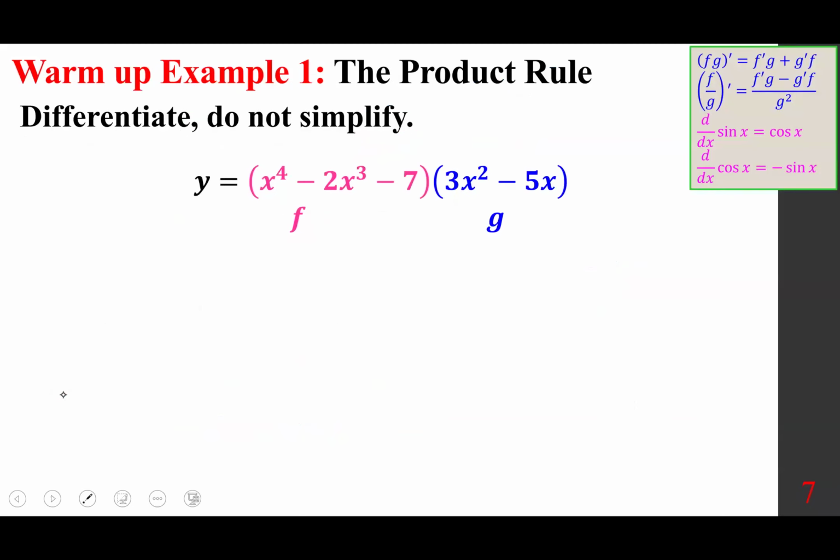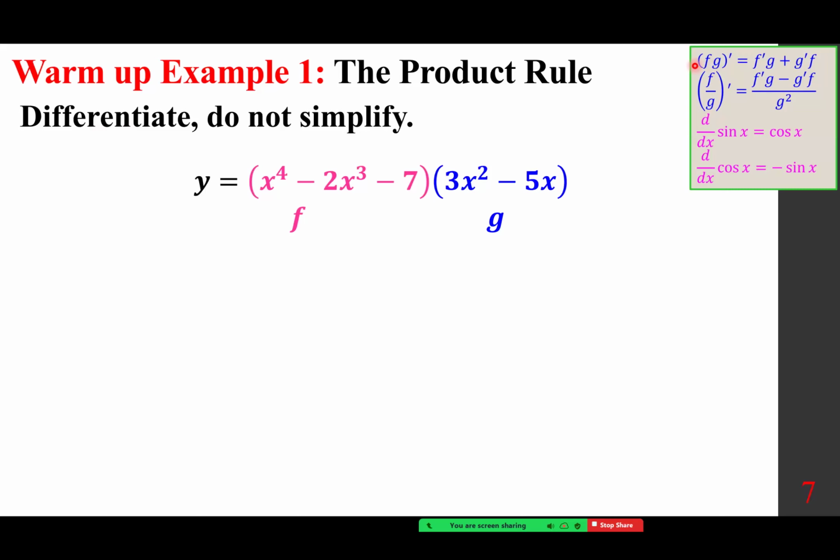We are going to look at the product rule. And as a warm-up example, we are going to go with the first step and differentiate, because there are more steps for combining and simplifying. I want to show you the most important step, which is the actual differentiation. Shorthand notation, (fg)' is f prime g plus g prime f.